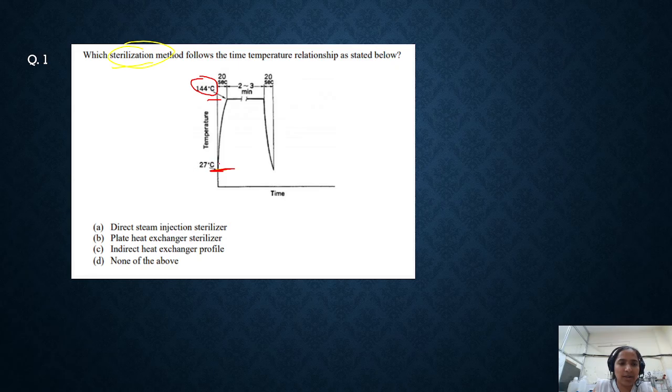The temperature is rising up to 144 after 20 seconds, meaning initially a little time gap is given. Then 2 to 3 minutes of sterilization of the component or any media, whatever you are sterilizing, occurs. And then again after 20 seconds, the temperature falls.